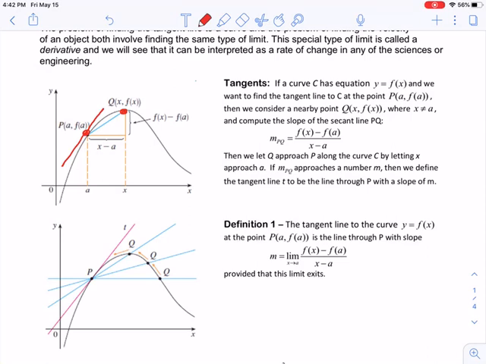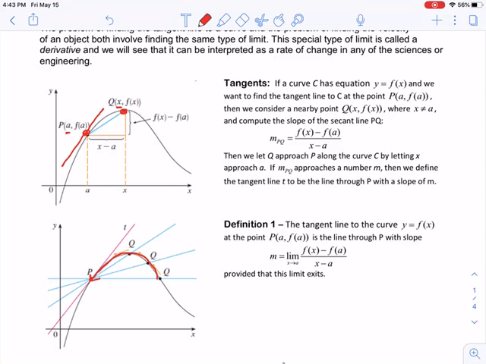As Q is approaching P, notice that that secant line is becoming a tangent line. And if Q is getting closer and closer to P, then x is approaching a.